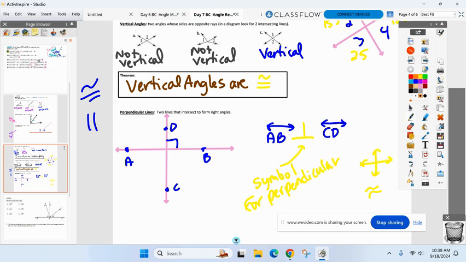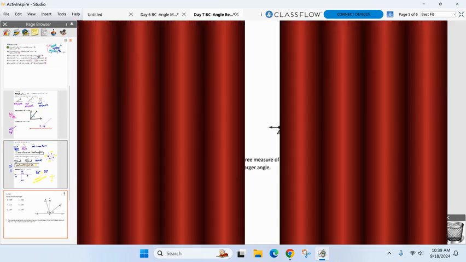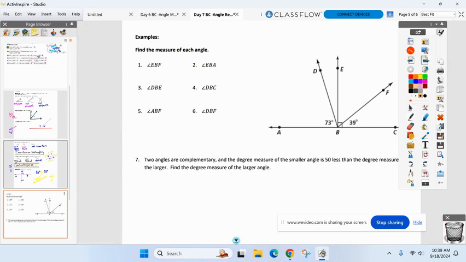All right, any questions? Because that's all the new vocab I needed to go over. Now it's going to be practicing within your groups. You don't need too much time here. 1 through 6, I'll give you about 2 minutes in your group, and then we'll go over the answers together. Do not move on to number 7. Notice the diagram first, because I put a little symbol on there that helps you out.